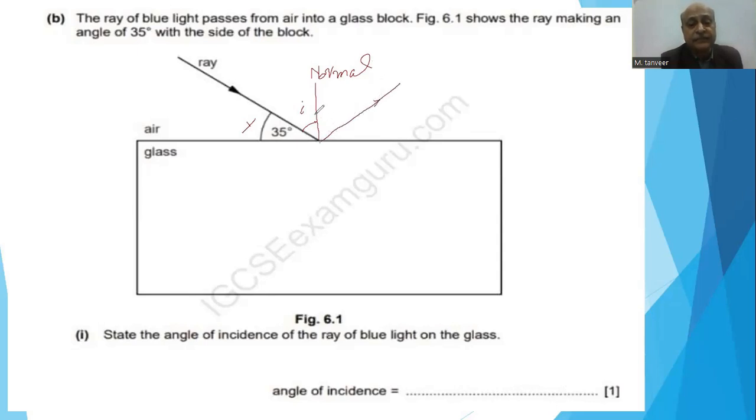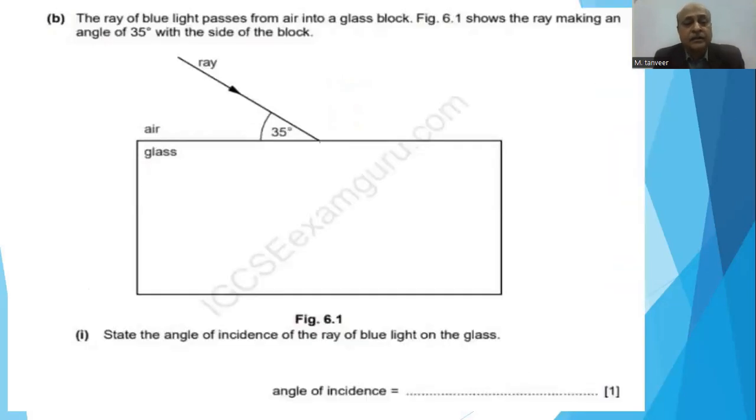This is your reflected ray, and this is your angle of reflection. The angle of reflection is the angle which the reflected ray makes with the normal. In this question, they only asked to find the angle of incidence, so there is no need to find the angle of reflection. Just draw the normal, then measure the angle which the incident ray makes with the normal.